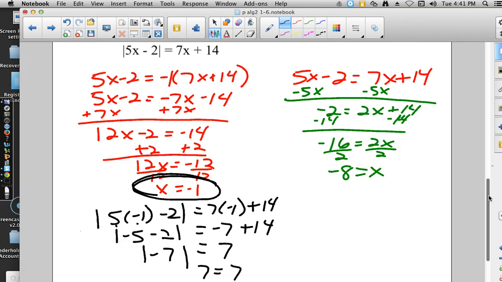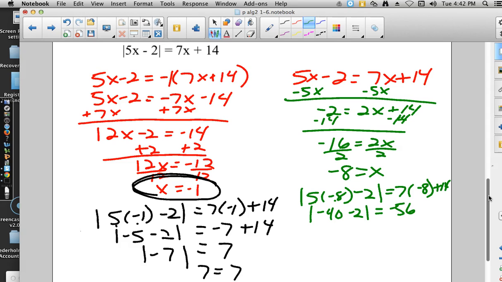Now that doesn't mean the other one is not going to work. I mean, we had several equations already that we've done that had 2 solutions and everything was great. So absolute value of 5 times negative 8 minus 2 equals 7 times negative 8 plus 14. Let's see what happens here. 5 times negative 8, well, that's negative 40. And 7 times negative 8 is negative 56 plus 14.